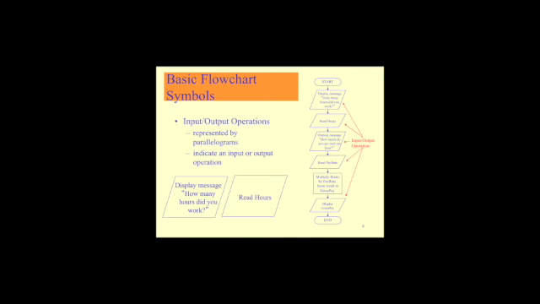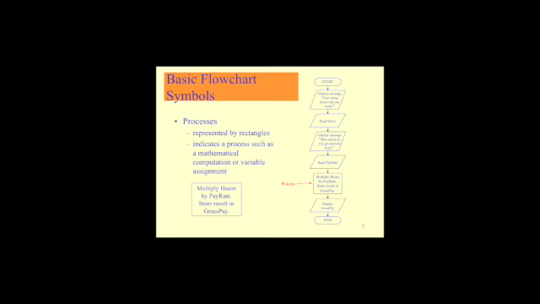Moving on to the shape that looks like this: this is an input-output operation. One more time, this shape indicates an input or output operation, like displaying a message, reading the hours, or displaying the total amount.